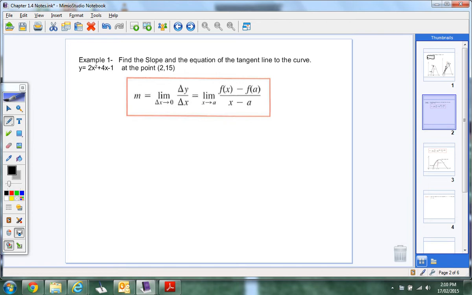We're going to follow this formula for this problem: limit as x goes to a of f of x minus f of a, all over x minus a.